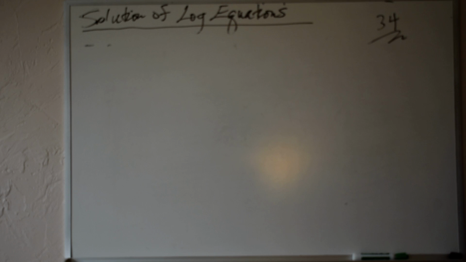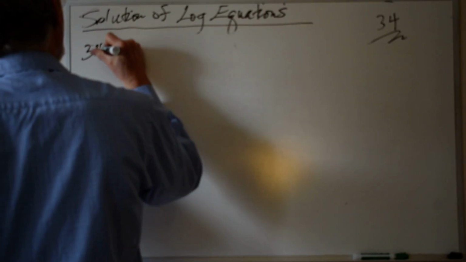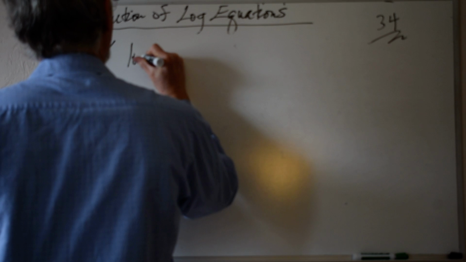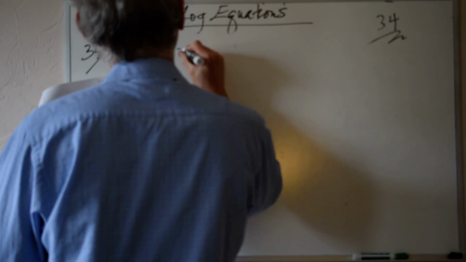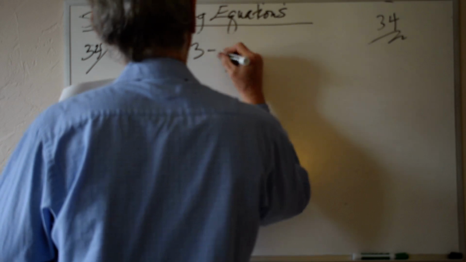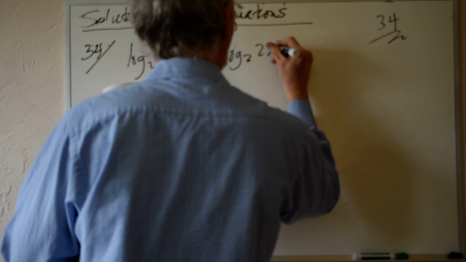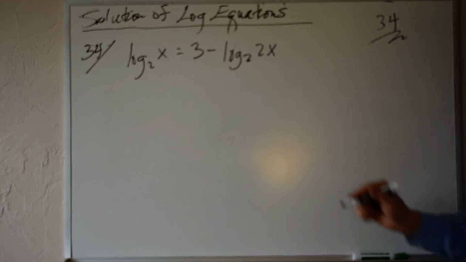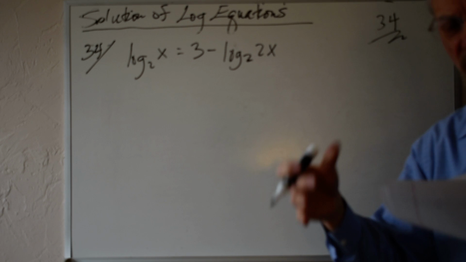Okay, how did you make out with number 34? In problem 34, we have the log base 2 of x equals 3 minus the log base 2 of 2x. Okay, we've got the same base 2 here and here, so we don't have to convert bases.